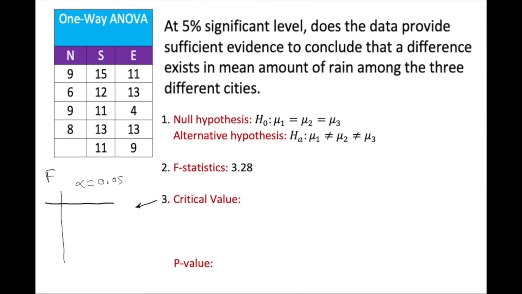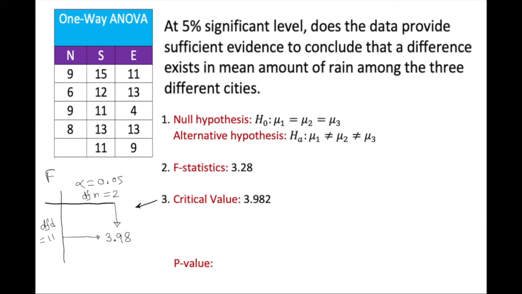If you are working on ANOVA, you have your F table. This is the degree of freedom of the numerator, and this is the degree of freedom of the denominator. We already know that was 2 and that was 11. So we go down here and we come along with the F critical value, in this case 3.98 from the distribution. So our critical value is 3.982.